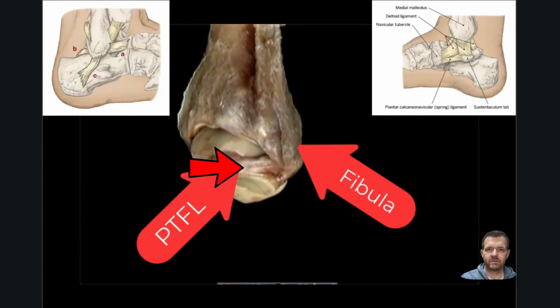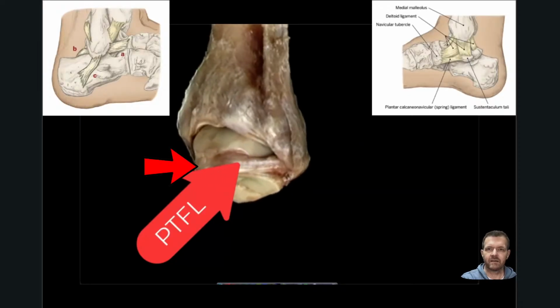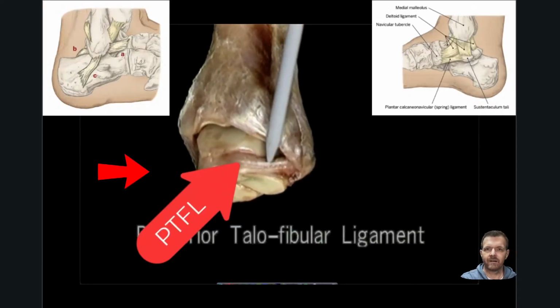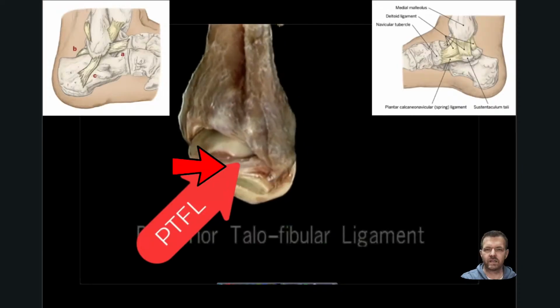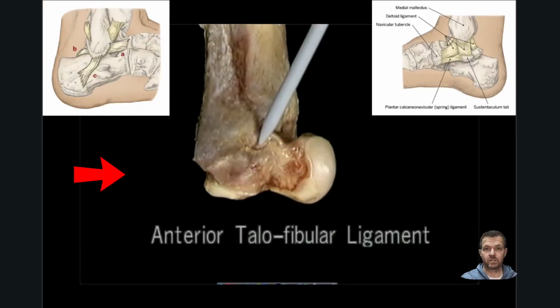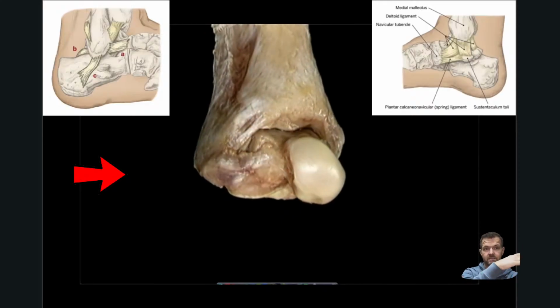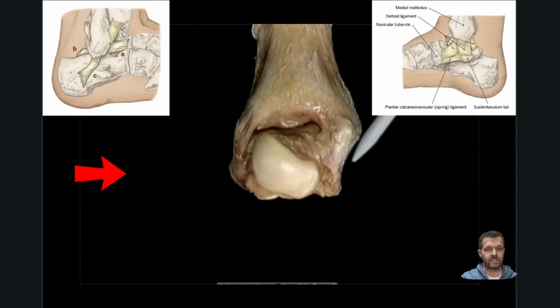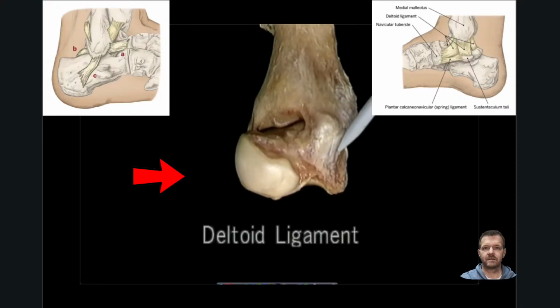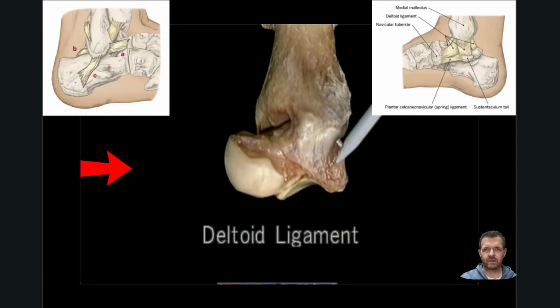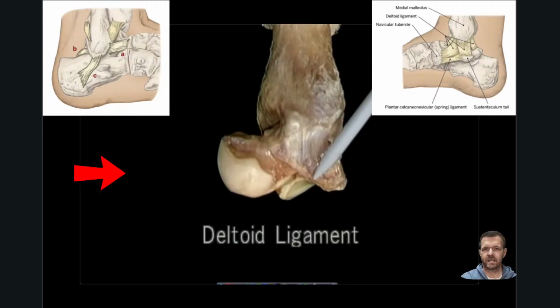And then there you can see the movements again. And there's the tautness of it there. So that's when the foot is in dorsiflexion, the ligaments become really tight at the back. We'll talk about the deltoid ligament in a sec. We've got another video that goes into that in a bit more detail.